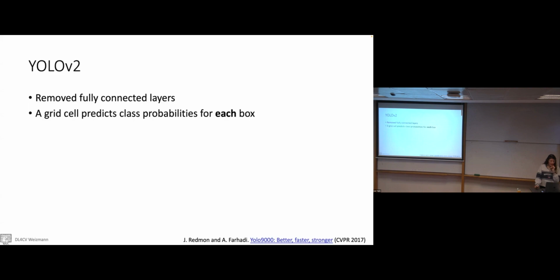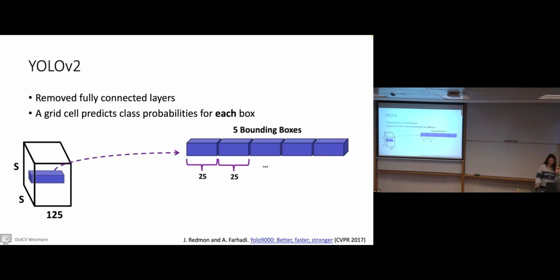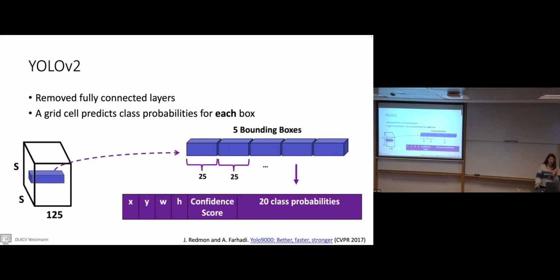And again, as I said, each grid cell predicts the class probability for each box. We're going to see exactly how it looks in terms of the features. So differently from what we had before, we have 5 bounding boxes. We want to enlarge the number of possible bounding boxes. Before that, we had 2. Now we're going to have many more possibilities.